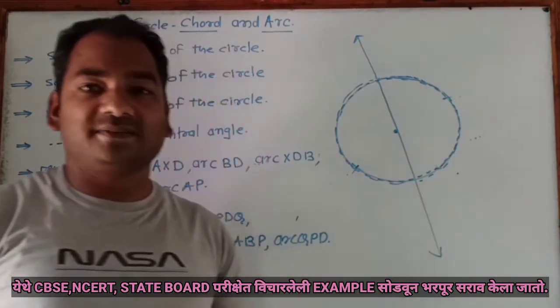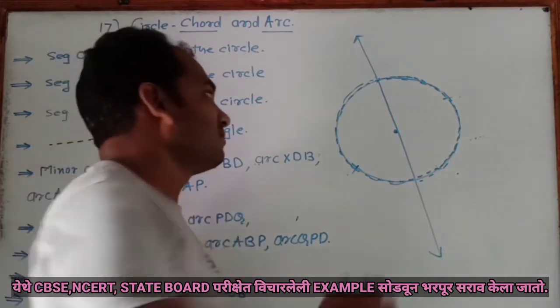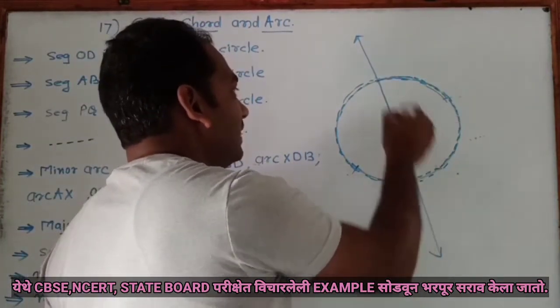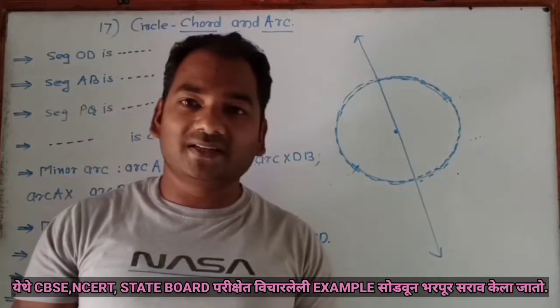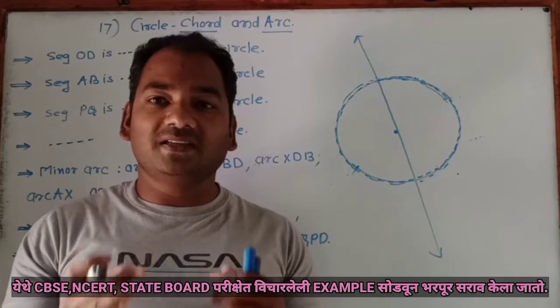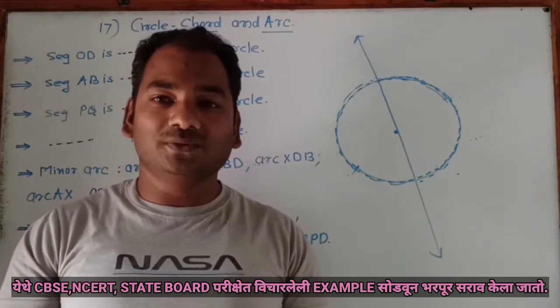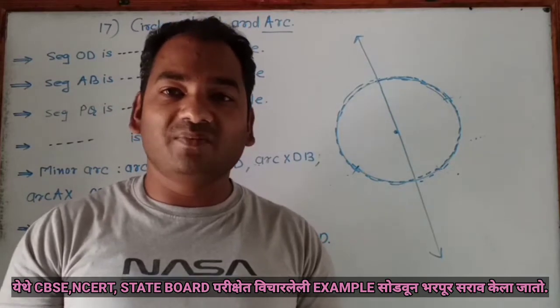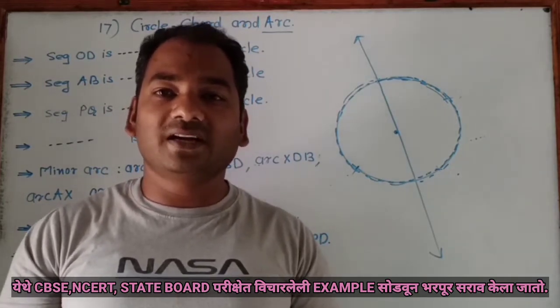These two equal parts are called semicircle. This part is called semicircle and this part is also called semicircle. And always remember, semicircle measures 180 degree. So I hope you all understand how arcs are formed and what the different types of arcs are.